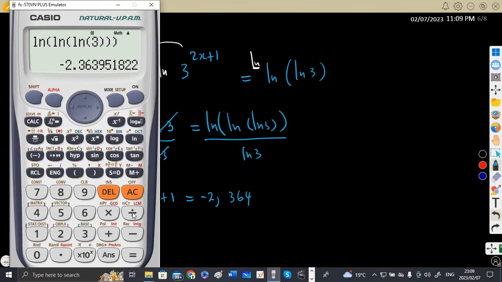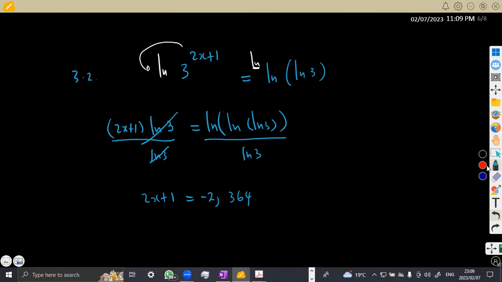Whatever that we have here, we are supposed to divide by the ln of 3. So let us just divide directly by ln of 3 like this. So that's negative 2.152.